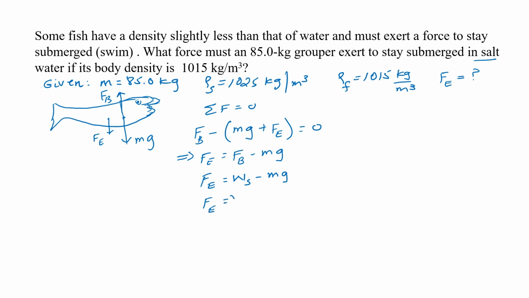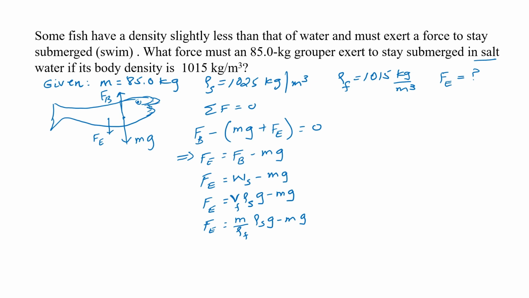That is the volume of the fish, because a submerged object displaces its own volume, multiplied by the density of the seawater, salt water, times gravitational acceleration is the buoyant force, minus mg. Now, but what is the volume? The volume is equal to the mass of the grouper divided by its density, rho sub f. Rho sub s g minus mg.